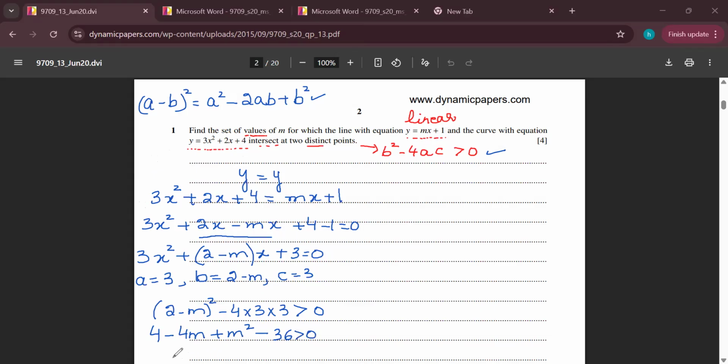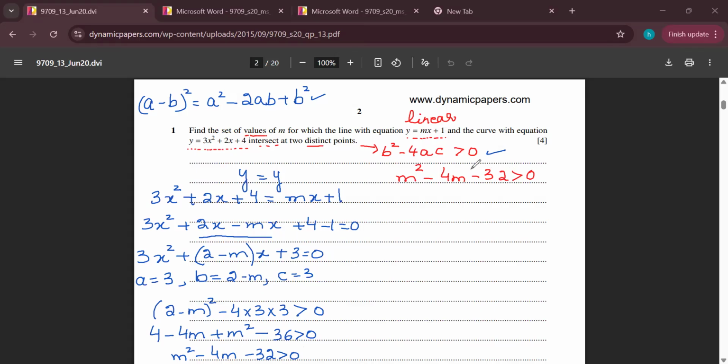Now let's arrange it: m square minus 4m minus 36 plus 4 is minus 32 is greater than 0. Now we are in this condition, m square minus 4m minus 32 is greater than 0. There are two ways.